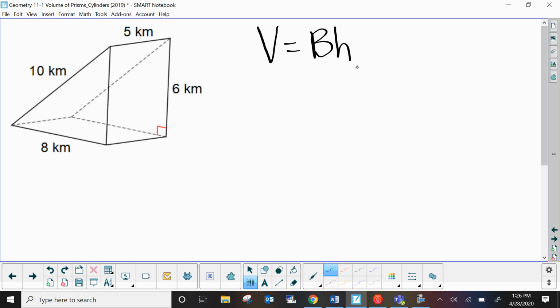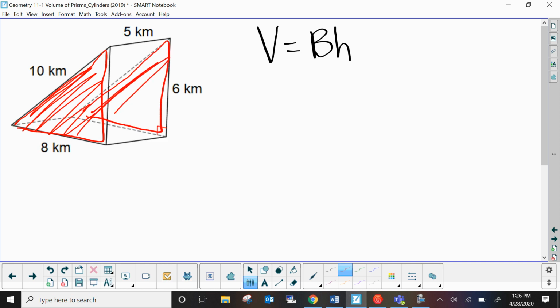All right, I notice this one. The first thing I'm going to do is identify the shape of my bases. In this example, the only shapes that are parallel and congruent are these triangles.